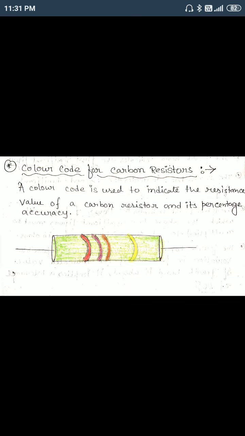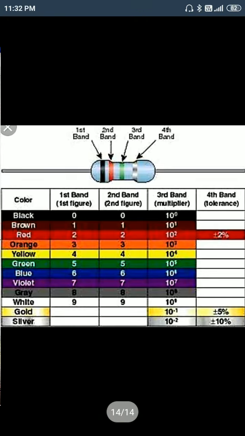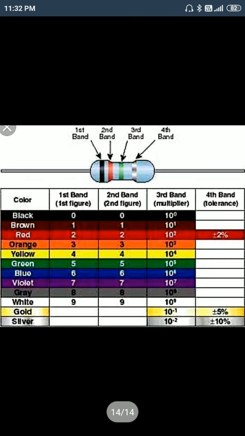That is called the color code for carbon resistors. The color code indicates the value of the resistance of that resistor and its percentage of accuracy, the plus minus value. So if this is a resistor, it looks this way. Here 4 bands are there.